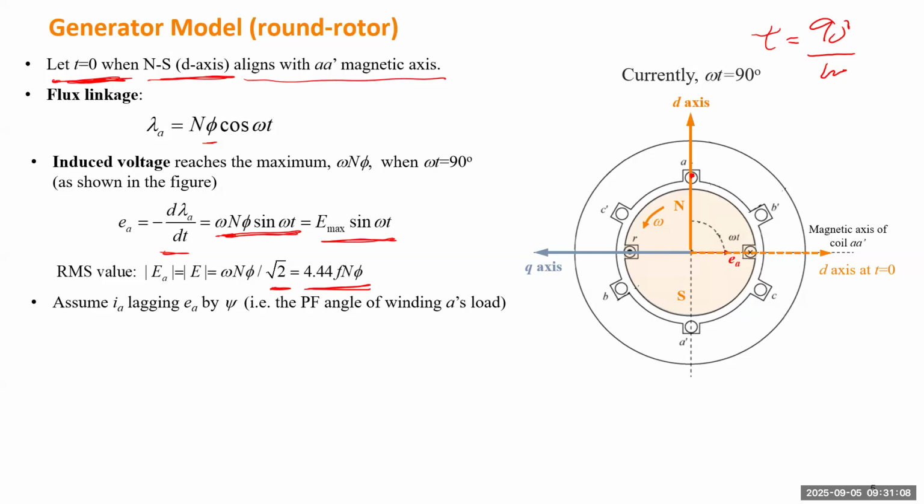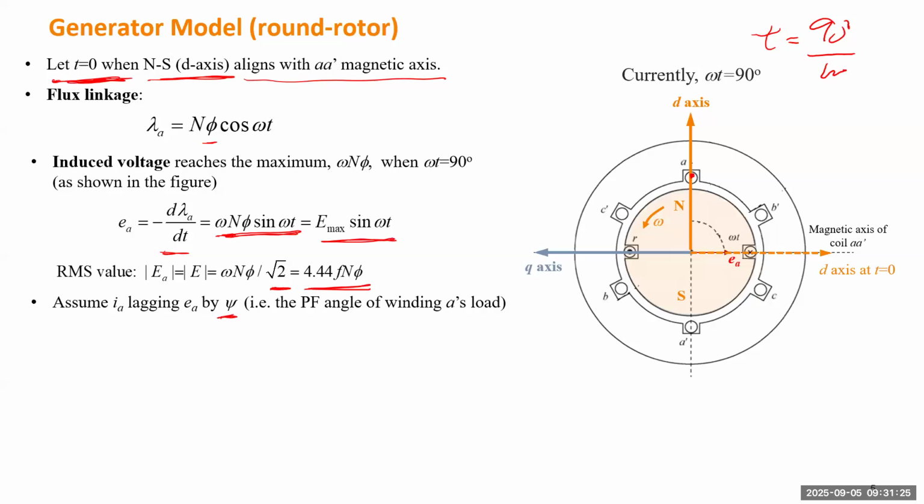Very likely the current will be lagging the voltage, because most of the loads in the real world have lagging power factors. So we just assume the current lags the voltage by a power factor angle psi.